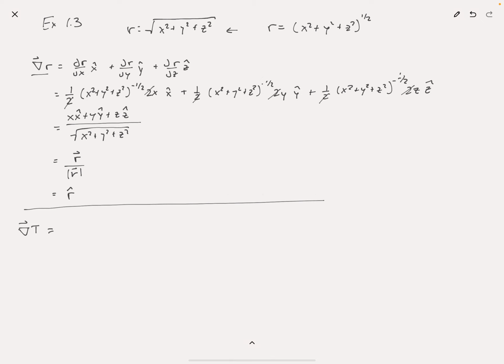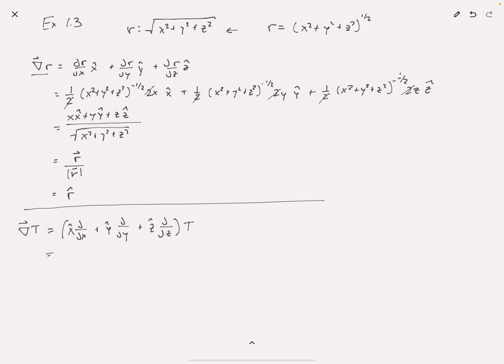It can be rewritten as some product of x hat d/dx, where this is the derivative with respect to x, plus y hat d/dy, plus z hat d/dz of my function. All right. Previously, we've just been writing the T's inside of the derivatives, but that's the same function, so we don't have to write it like that.